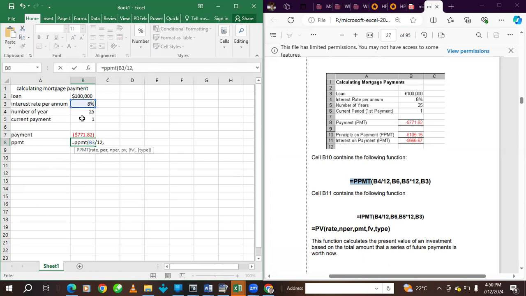You click the current payment period, which was the first one. You put a comma. Then you multiply the number of years, 25, by 12. And remember, 25 is in the form of years. So when you want to change it into months, you multiply the number of years by 12. Once that is done, you click the loan amount here.